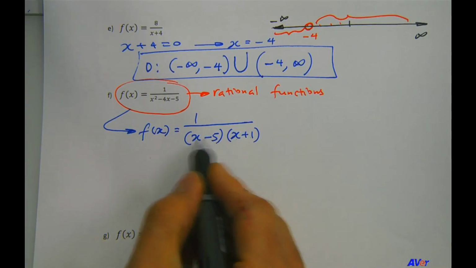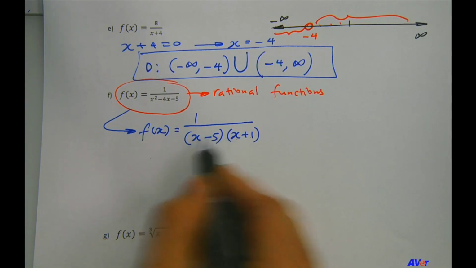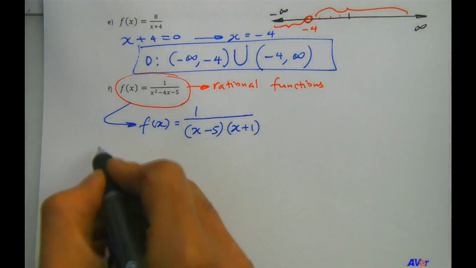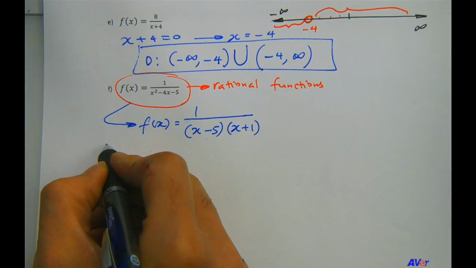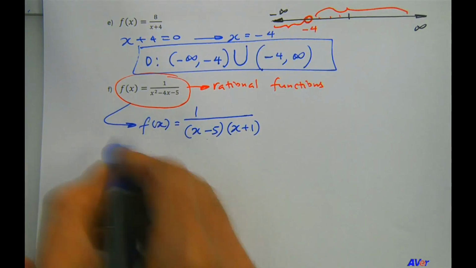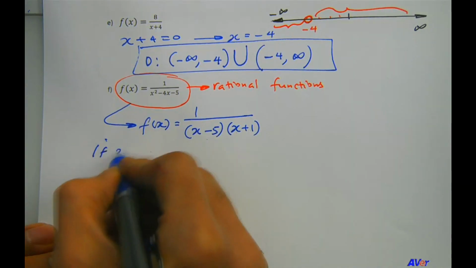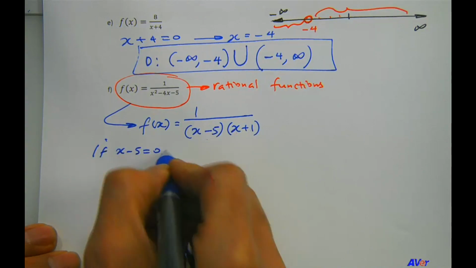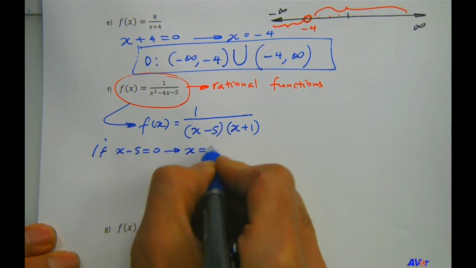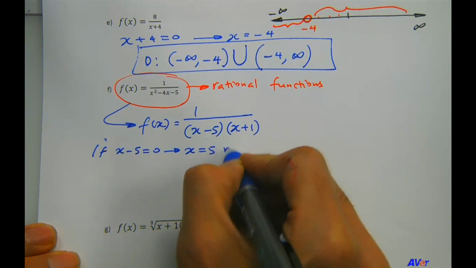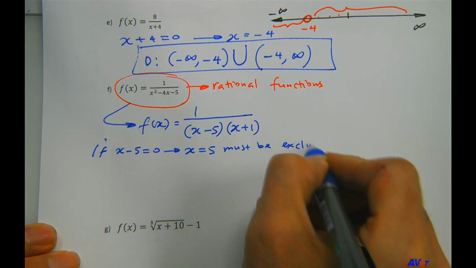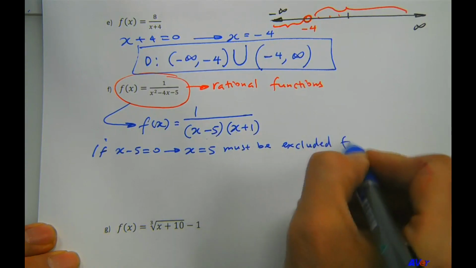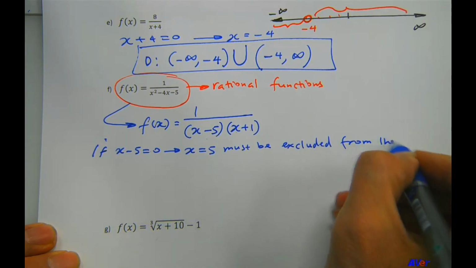So let's solve each one for 0 and see what values will make the denominator equal to 0, because we're going to need to exclude those values from the domain. So if x minus 5 equals 0, then x equals 5, which must be excluded from the domain.